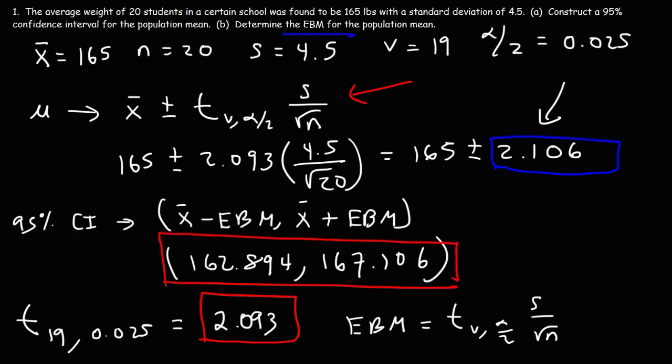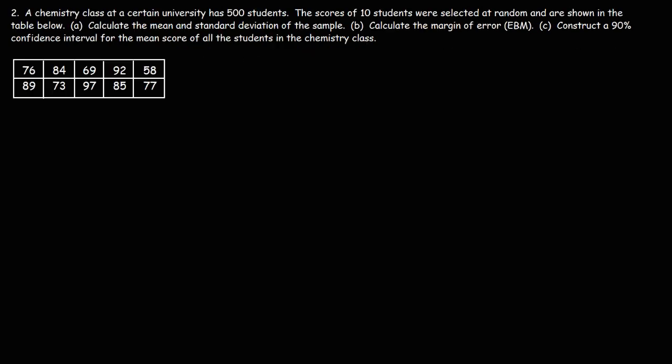So what does this mean? This means that we're 95% confident that the average weight of all the students in this school is somewhere between 162.894 and 167.106. So that's how you can construct a confidence interval using the student's t-distribution table. That's it for this problem.